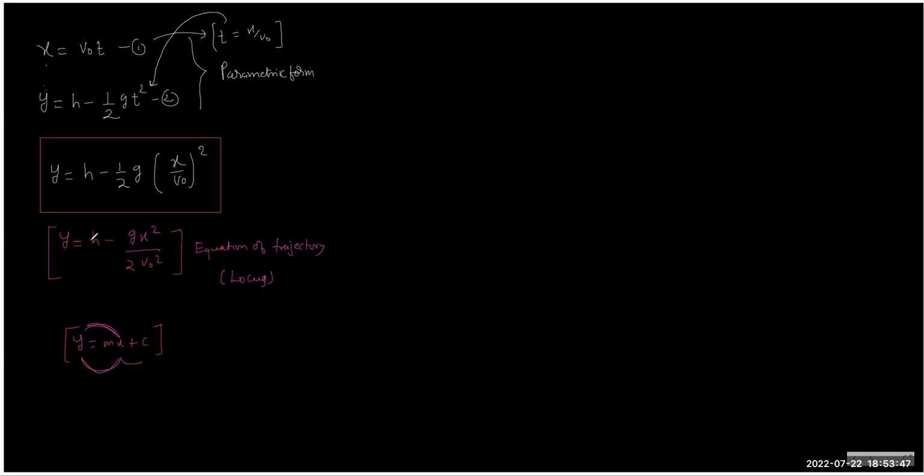Our trajectory here has x square. What does the square represent? In maths, the square of x represents quadratic. It's called quadratic dependence. And what shape do we assign to the quadratic dependence? We call it parabola.